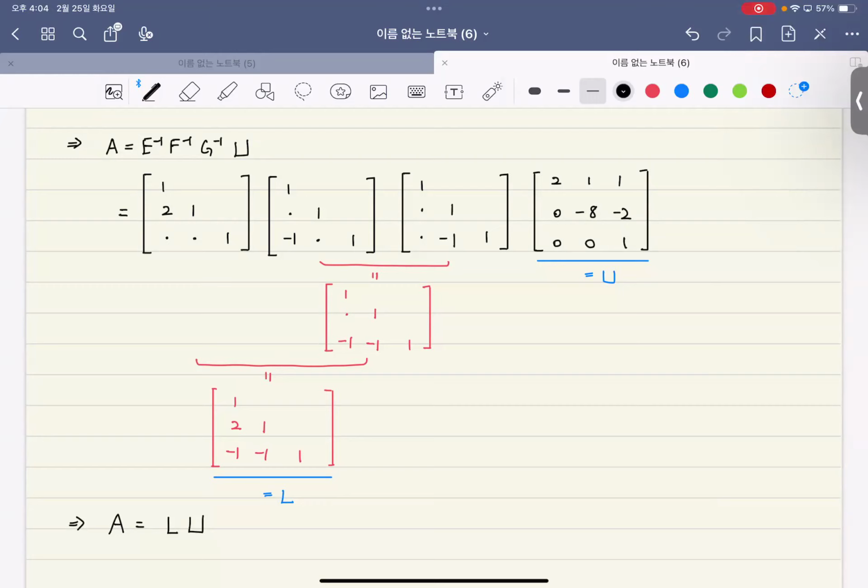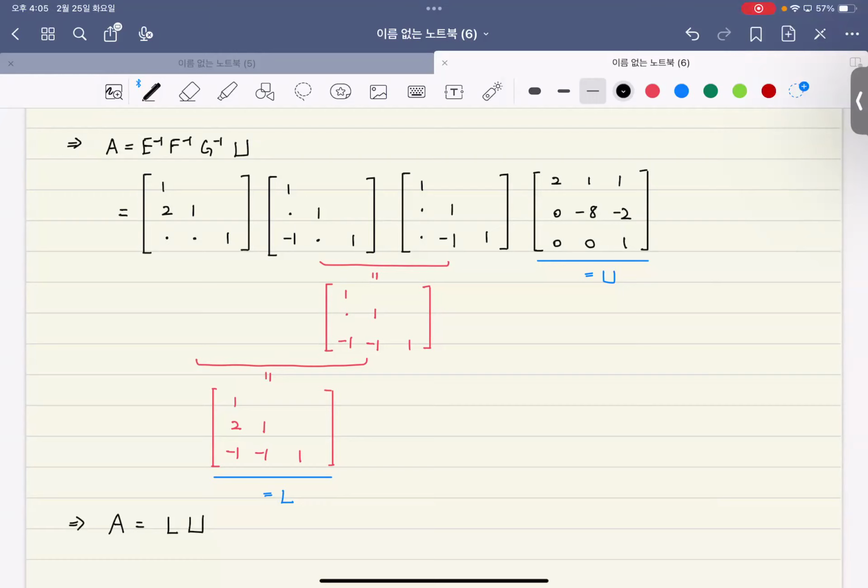Do you remember the factorization? Do you know what factorization is, right? What is the factorization of a number? A factorization of a number means you write a number as a product of two different numbers. That is what I mean by factorization. What is the factorization of a polynomial? Factorizing a polynomial means you write down any given polynomial as a product of two other polynomials. That is the meaning of the factorization. Same is true for the world of matrices.